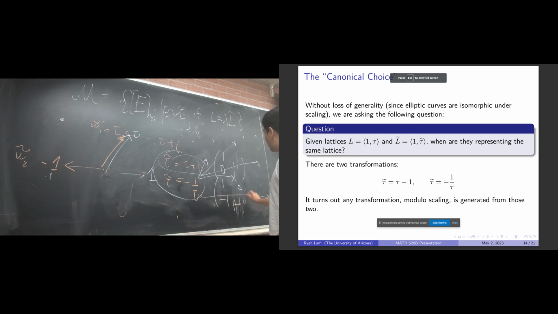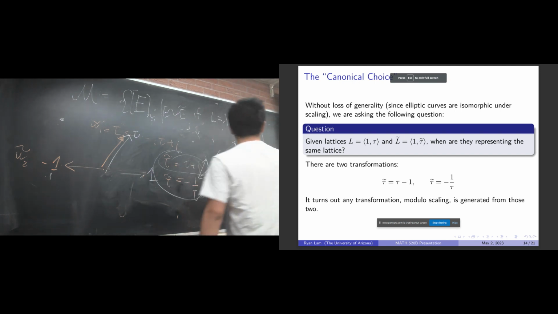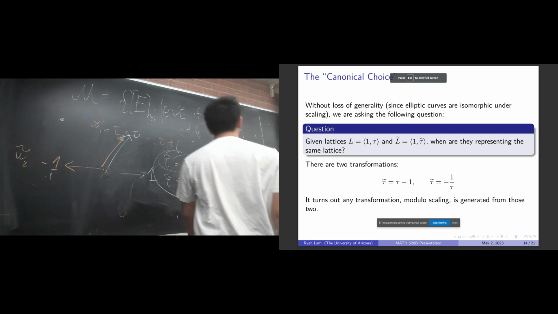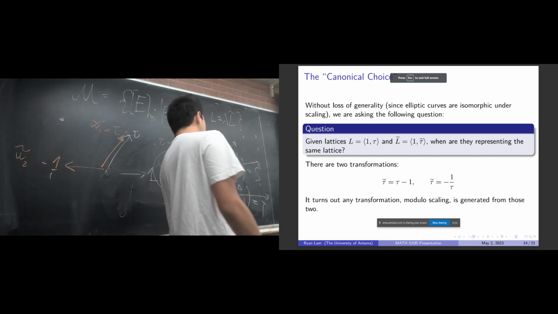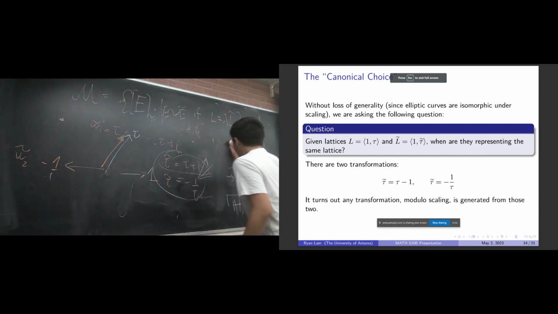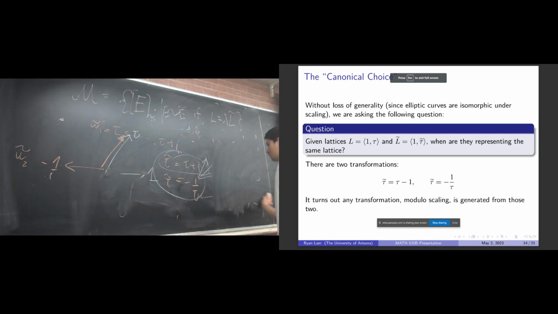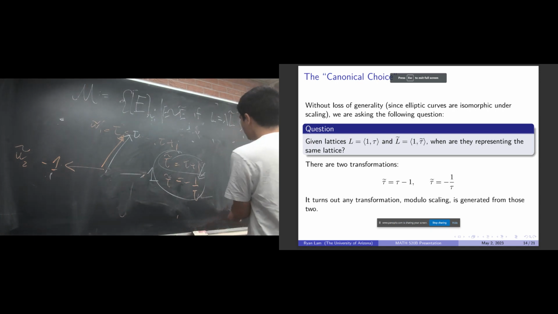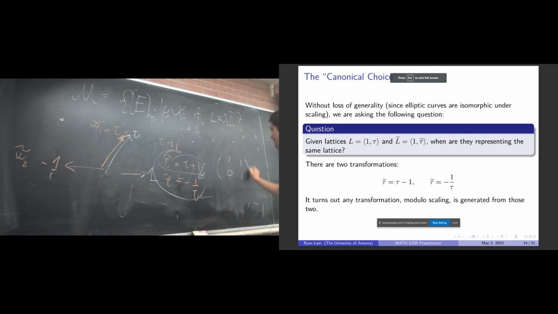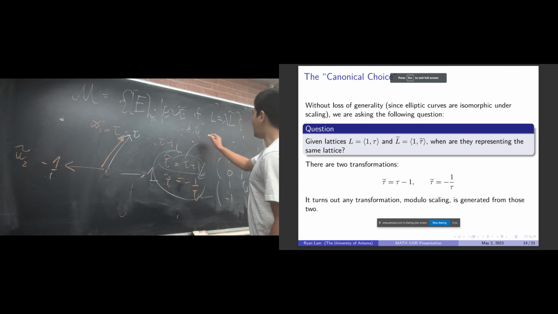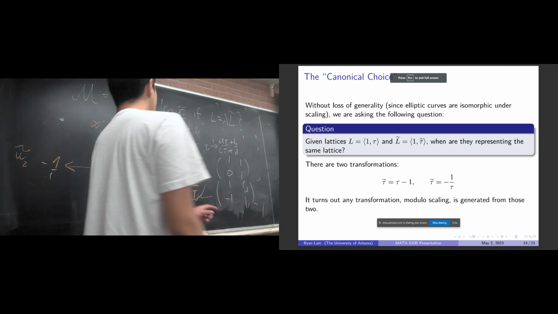I think you call this matrix T, and then you call this matrix S. I think you have an action from tau to (A tau plus B) over (C tau plus D), and it is given by those two matrices.